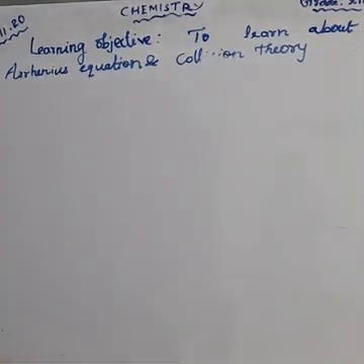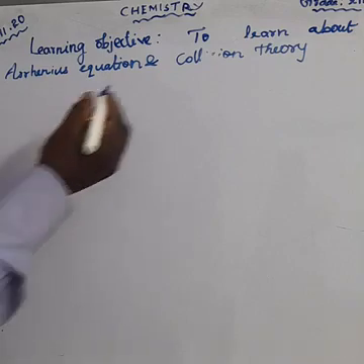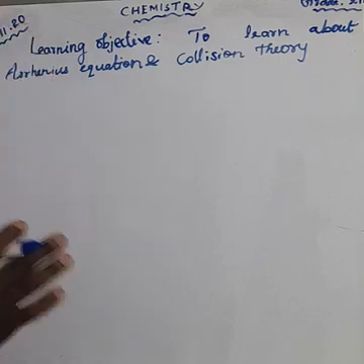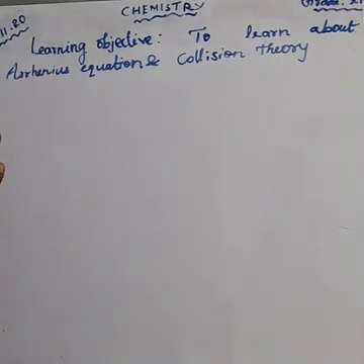Okay, our one question is over. Next we will learn about the collision theory. The collision theory was proposed by Max Trautz in 1916 and also William Lewis in 1918.